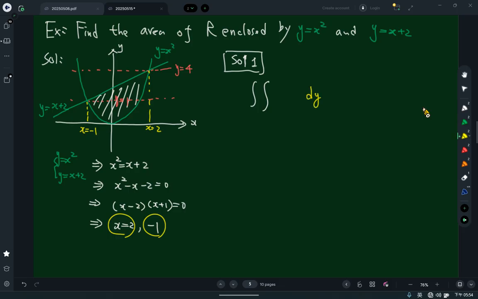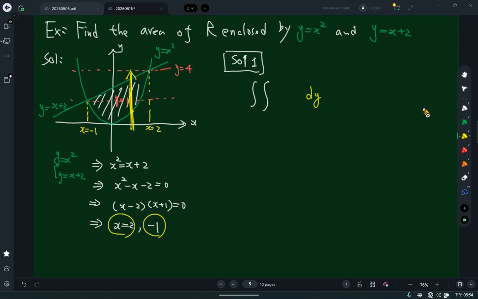So dy first means we just emit a ray which is parallel to the y-axis toward this region, right? We emit a ray following this direction.